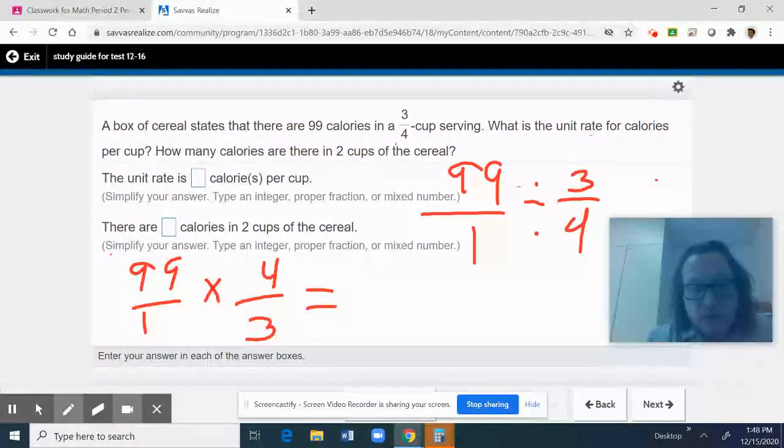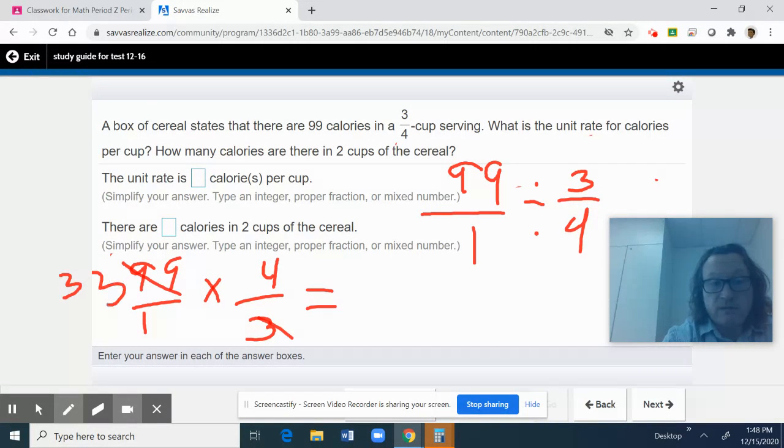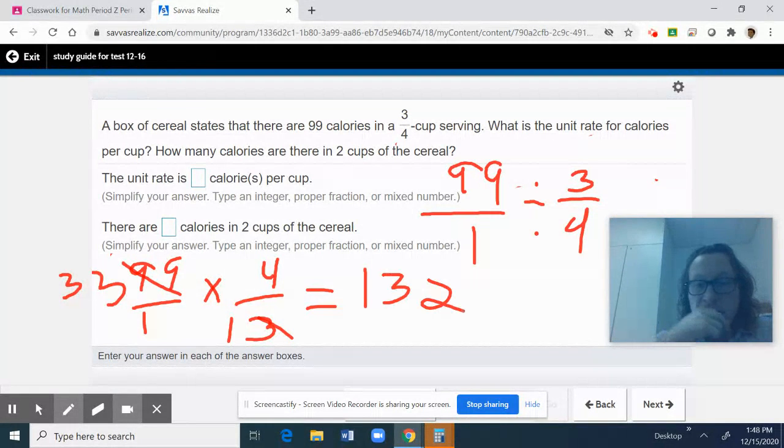Those of you who are a little more advanced at doing this, we can actually divide 99 by 3 first, and that'll give me 33, and 3 divided by 3 is 1, and 33 times 4 is 132. So two ways to do it. You can do 99 times 4 and divide that by 3, you'll get 132, or you can do it that way. That would be the answer to the unit rate, 132 calories per cup.